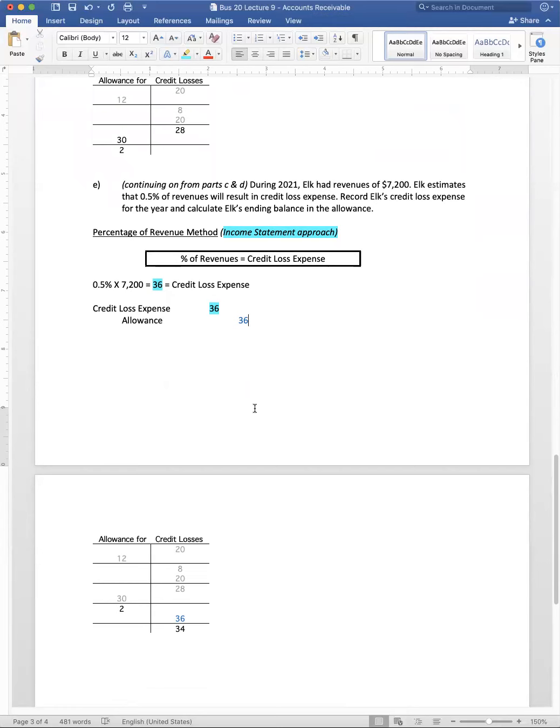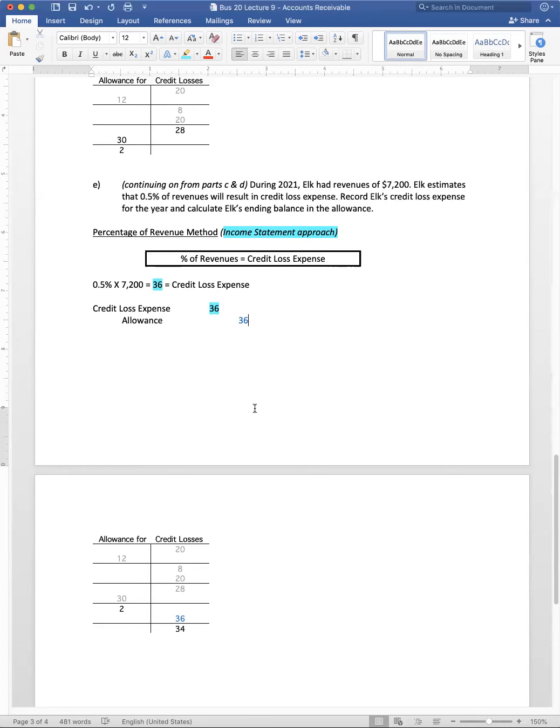So let's say that I have some revenues that were generated with cash payments from customers, and I have some revenues that were generated by customers who paid on account. Now, the customers who pay in cash, do I have any problem collecting from them? No, right? If everybody paid in cash, this whole lecture would be irrelevant, right? We wouldn't have to worry about receivables or not collecting these things.